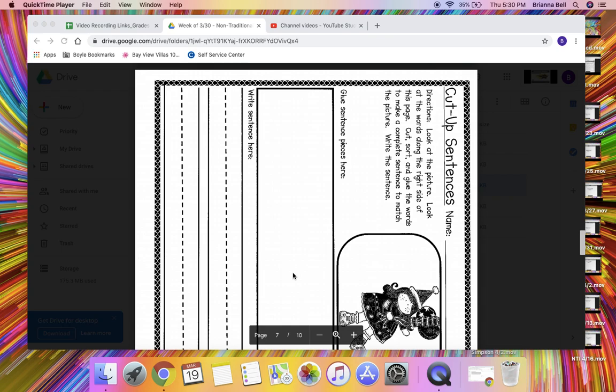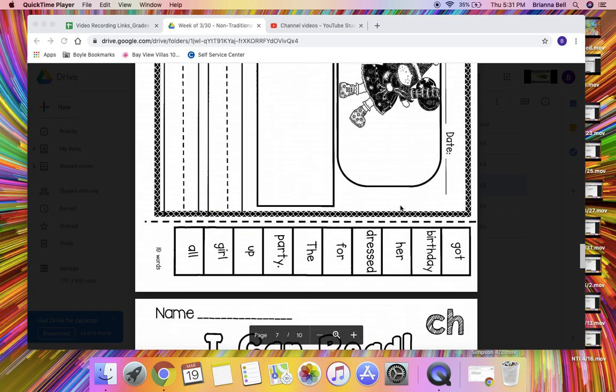Once you're done with that page, you can move on to the next. The next page is cut up sentences. The directions are to look at the picture, look at the words along the right side of this page, cut, sort, and glue the words to make a complete sentence to match the picture. Write the sentence.